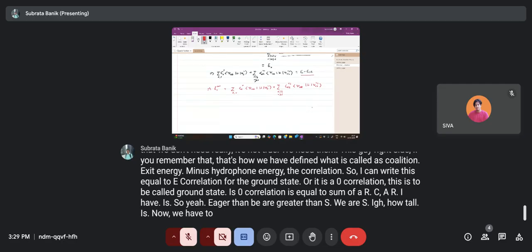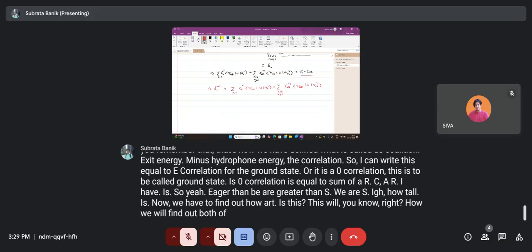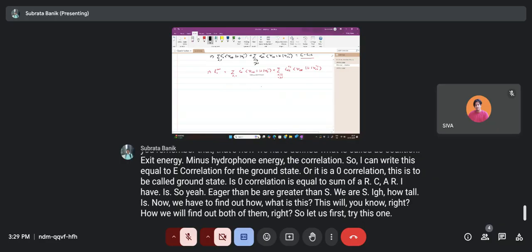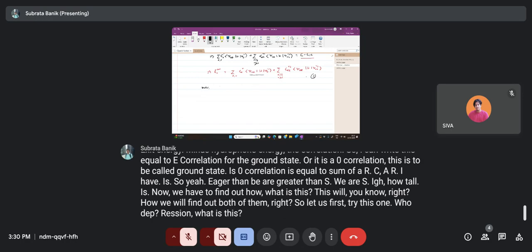Now we have to find out what this is. How will we find out both of these terms? So let us first write this one. Put equation number 1. What is this?